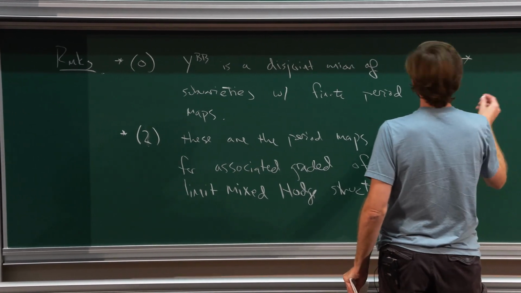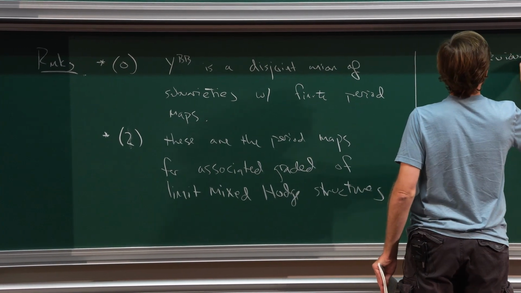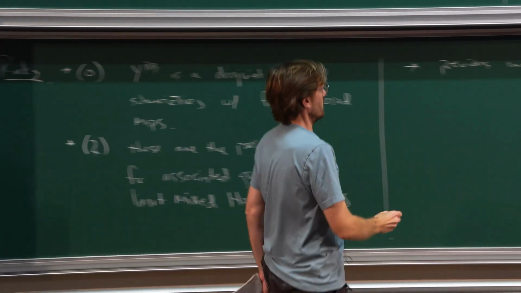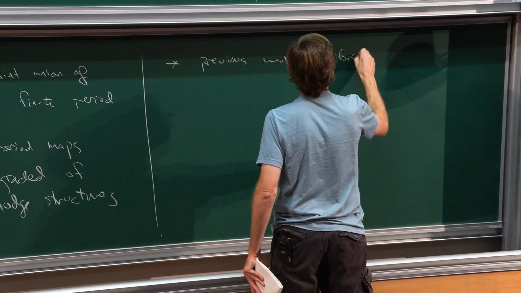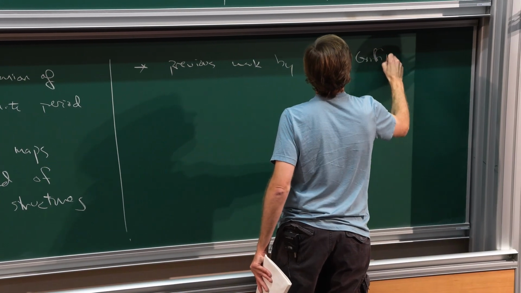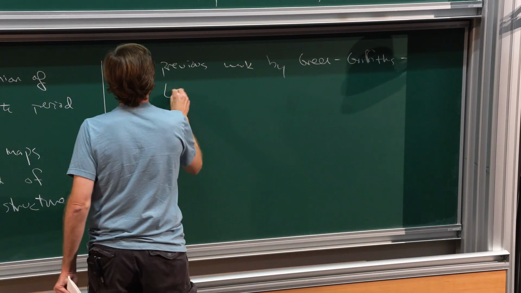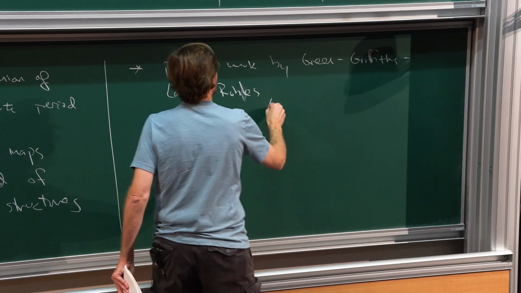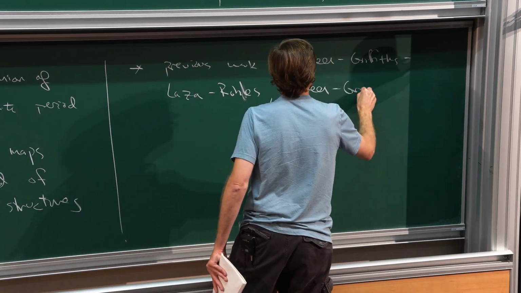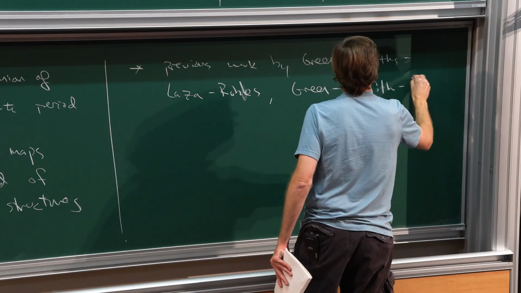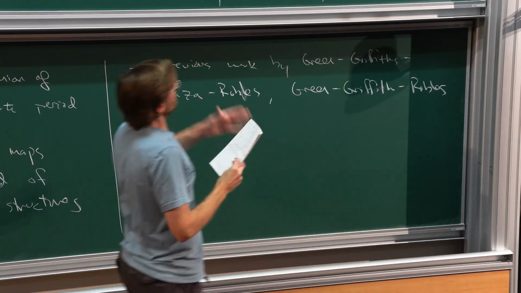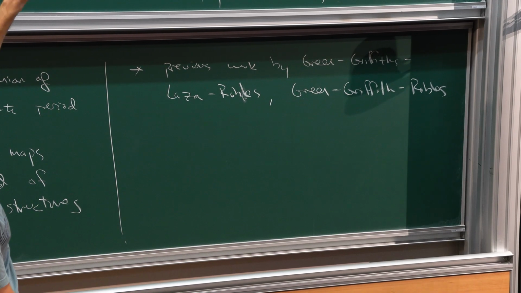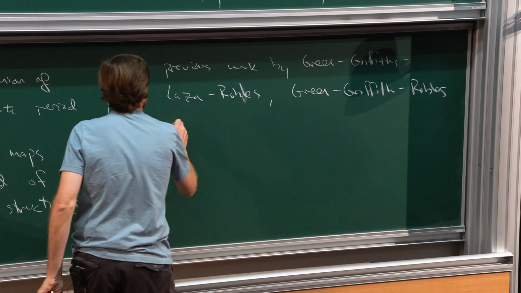Finally, I should say, there's been some previous work on this question of building Baily-Borel type compactifications by Green, Griffiths, Laza, and Robles. And also a separate paper by Green, Griffiths, Robles, where they treat some special cases, in particular the case when X has dimension 2.